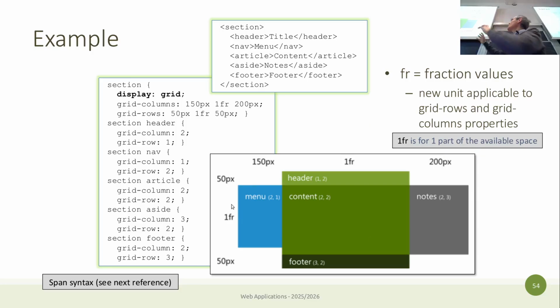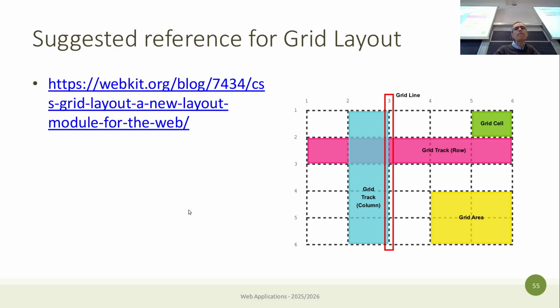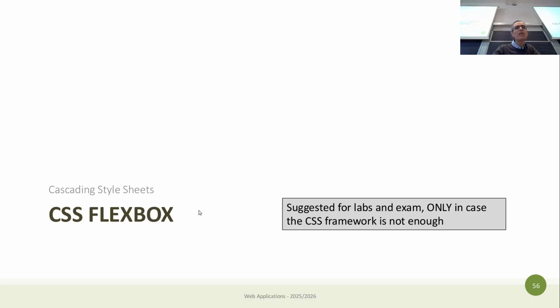And you can mix up the values in a very complex way, fixed values, relative values, and so on, okay? And basically you specify the position in terms of grids for each element you want to use. Okay, good. Some reference in case you really want to use grids, but I don't recommend it.